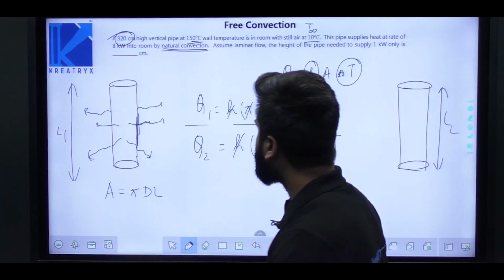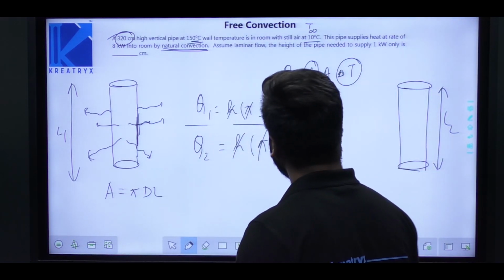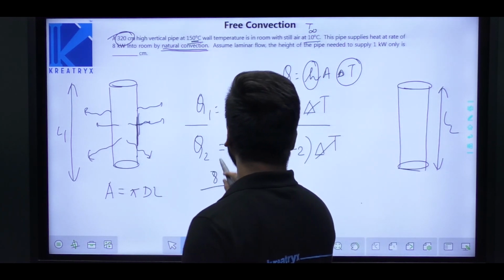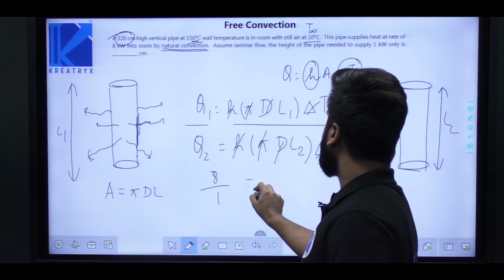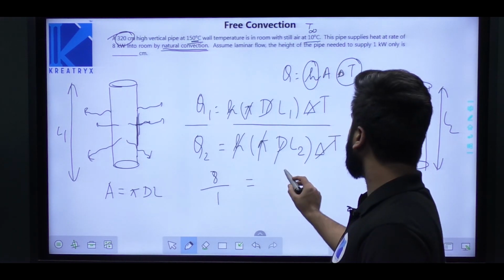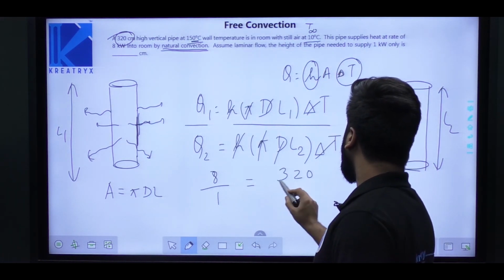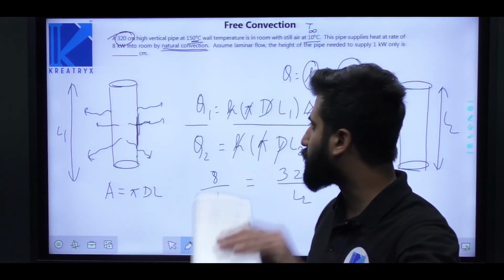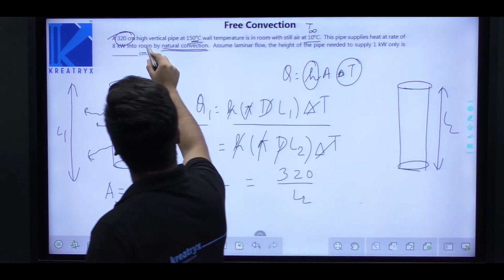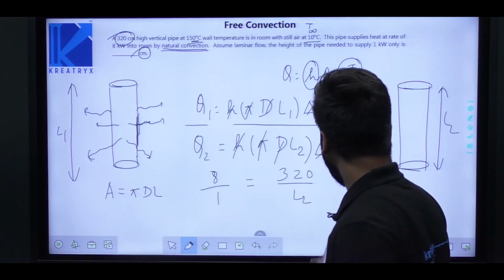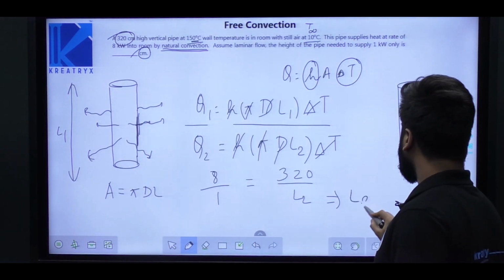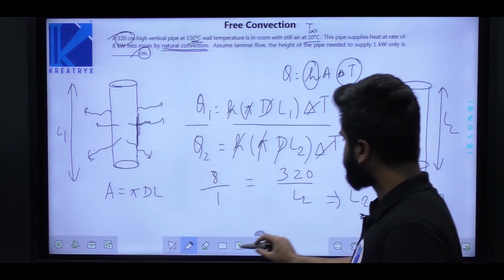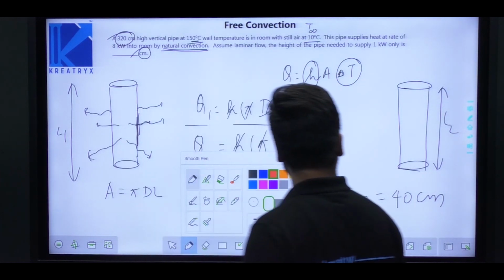Longer the tube, higher the heat transfer rate. So Q1 is 8 kilowatt, and Q2 is 1 kilowatt, equal to L1 by L2. L1 is 320 centimeter, and if you put this in centimeters, you will get L2 in centimeters. Be careful that you have to put the answer in centimeters. So L2 is 40 centimeters. This is the answer.